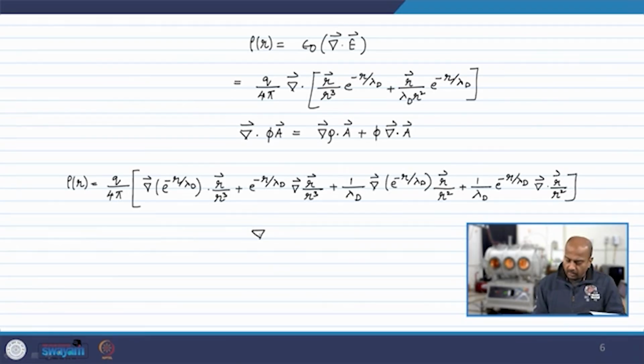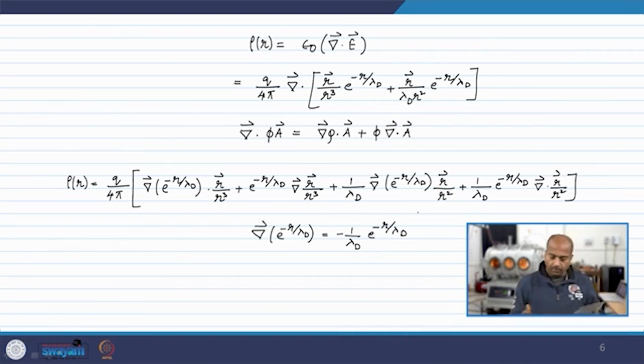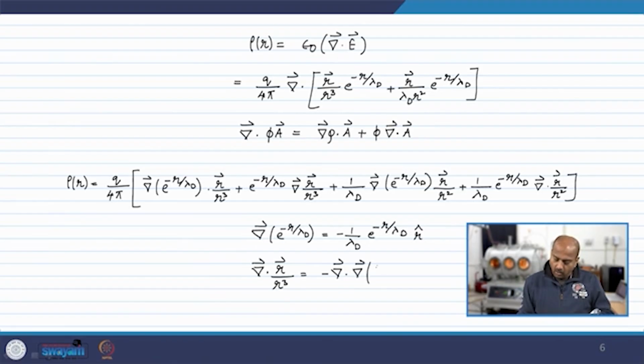Now, using the fact that del of e to the power of minus r by lambda d is nothing but minus 1 by lambda d e to the power of minus r by lambda d, and the direction would be along r cap, and del dot r by r cube can be rewritten as minus del dot del of 1 by r.